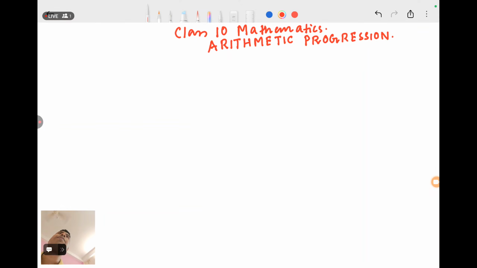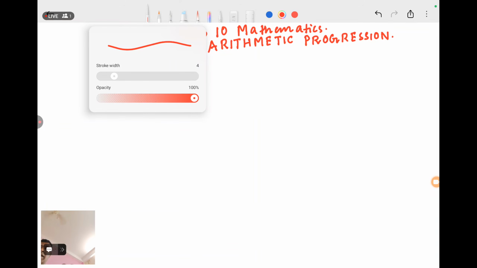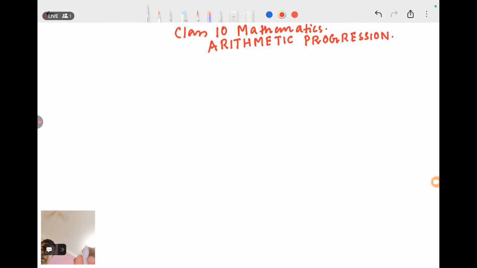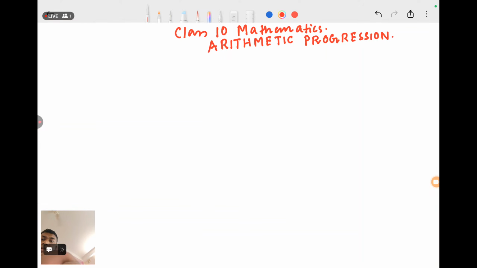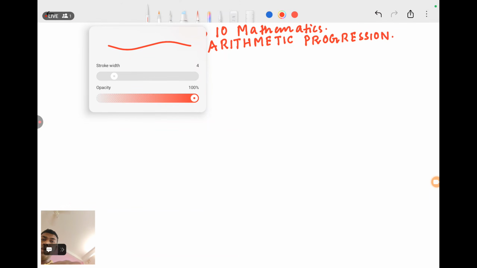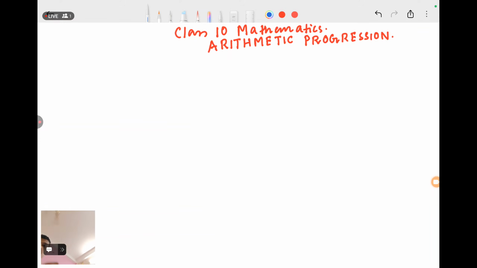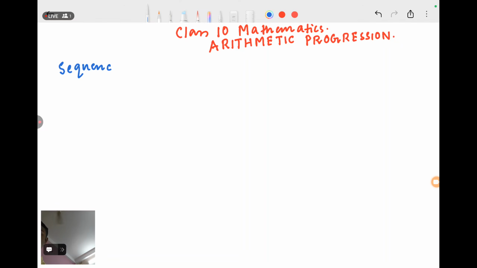Before starting arithmetic progression, we have to recall some concepts, like what is a sequence.